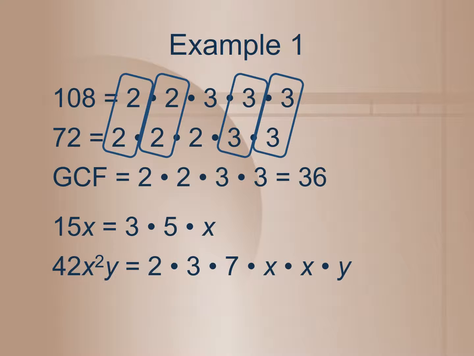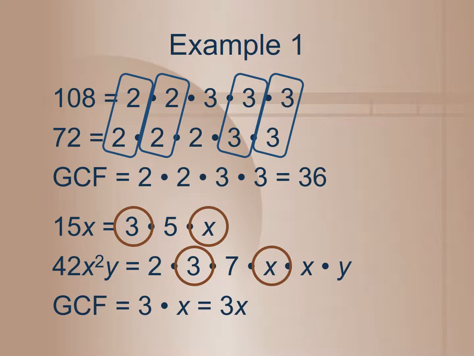If we're looking for common factors between these two, we have a 3 that's shared, and we have an x that's shared. So our greatest common factor is 3 times x, and 3 times x is 3x. So the greatest common factor of 15x and 42x squared y is going to be 3x.